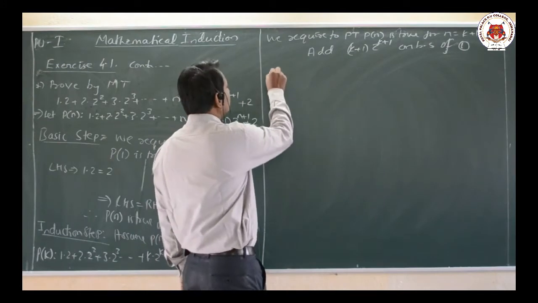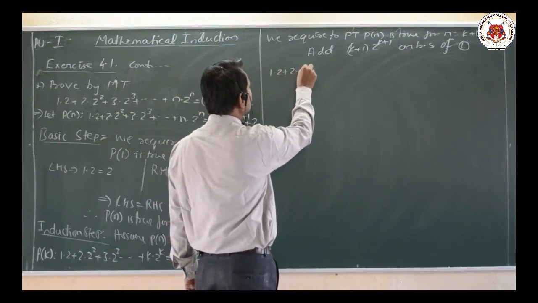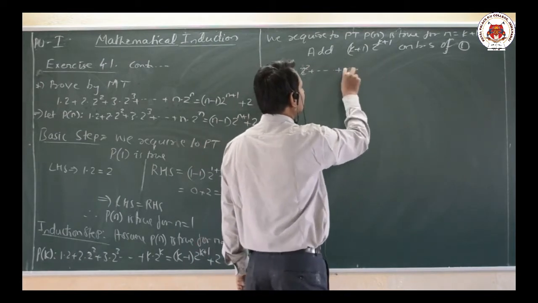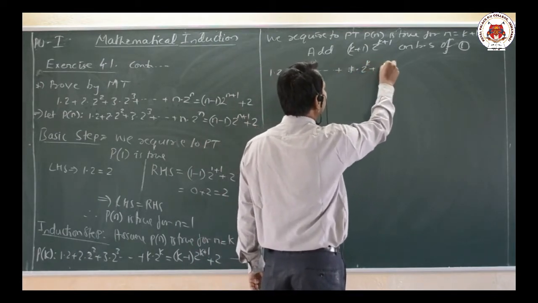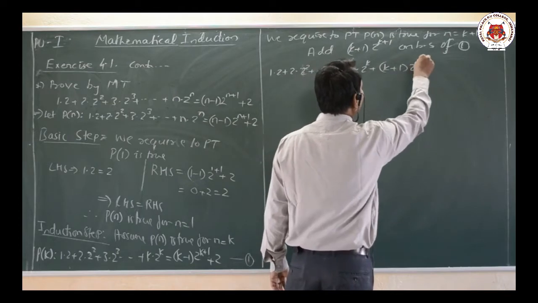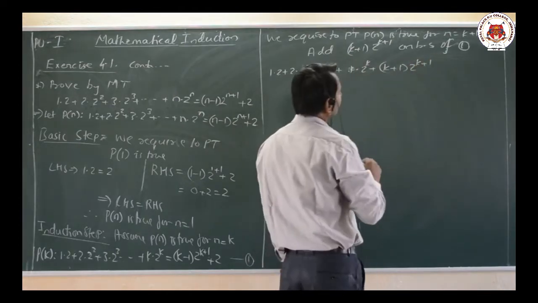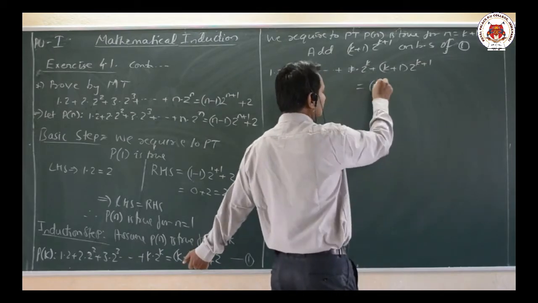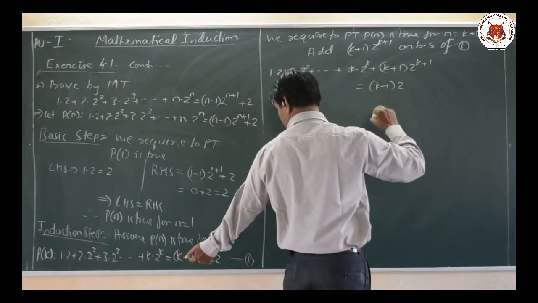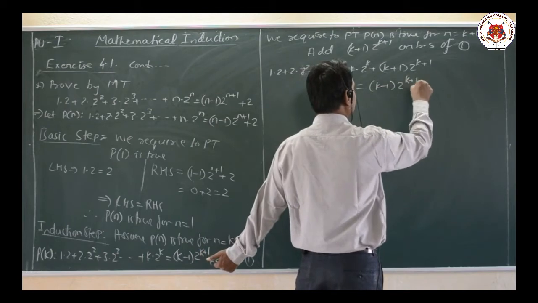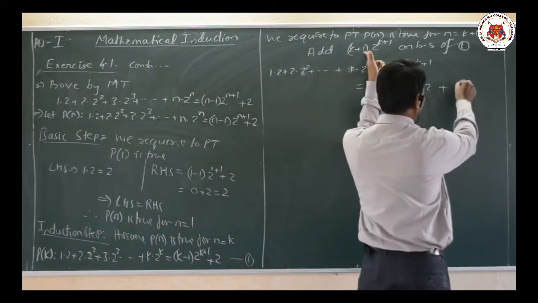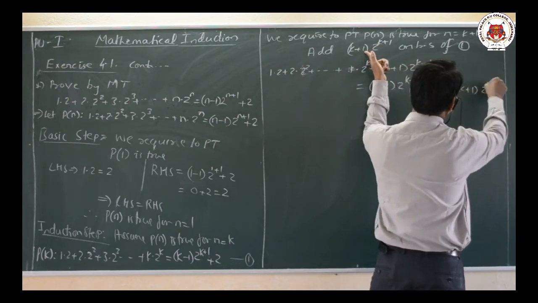It is 1 into 2 plus 2 into 2 square plus so on till k into 2 raised to k plus (k plus 1) 2 raised to k plus 1, which is equal to (k minus 1) 2 raised to k plus 1 plus 2, plus what we require to add, that is (k plus 1) into 2 raised to k plus 1.